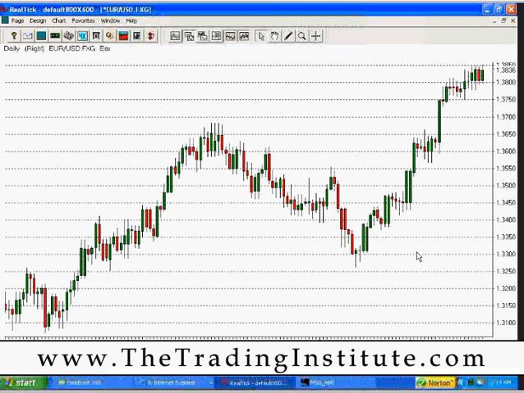The reason for this is that technology trades under very specific conditions. One, technology trades best on large time frames. That's why we're looking at a daily chart here. This would be a particular time frame that technology would trade best under.